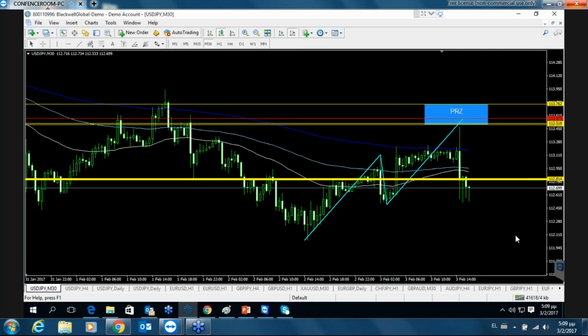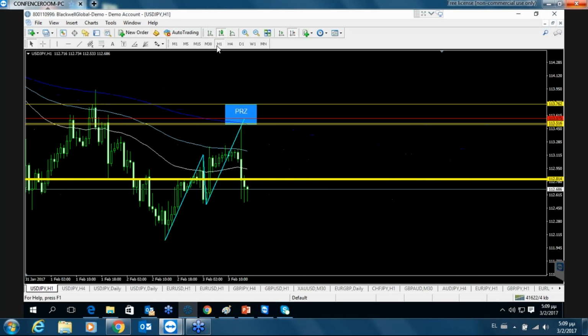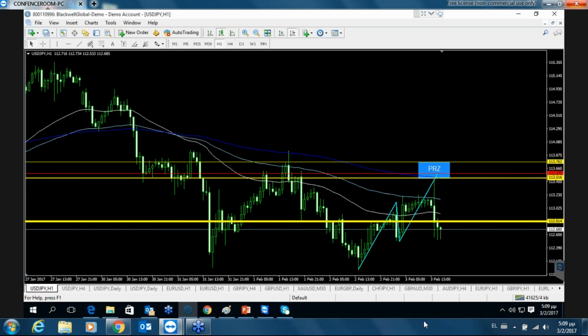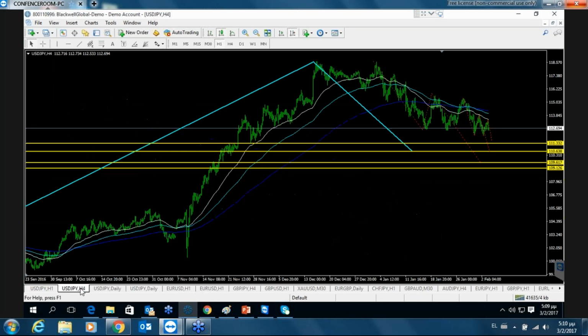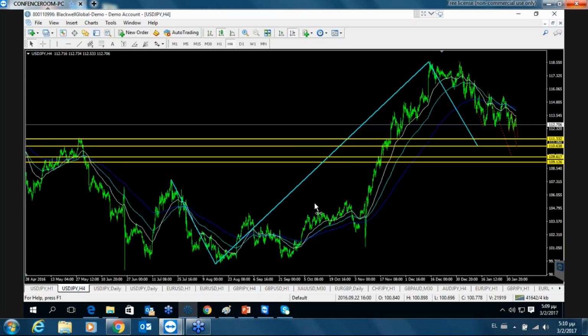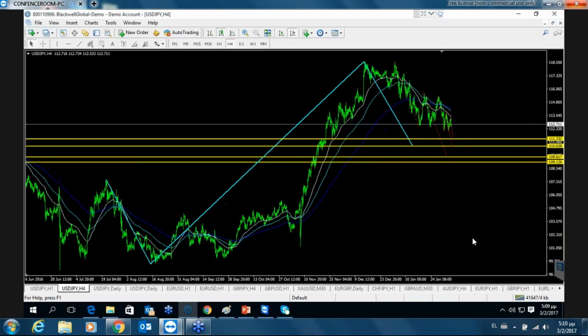All right. At this stage, we're just looking at patterns, perhaps to the downside, like A, B, C, D to the downside, let's say. But this is what I see at the moment on the 4-hour chart on the USD JPY.